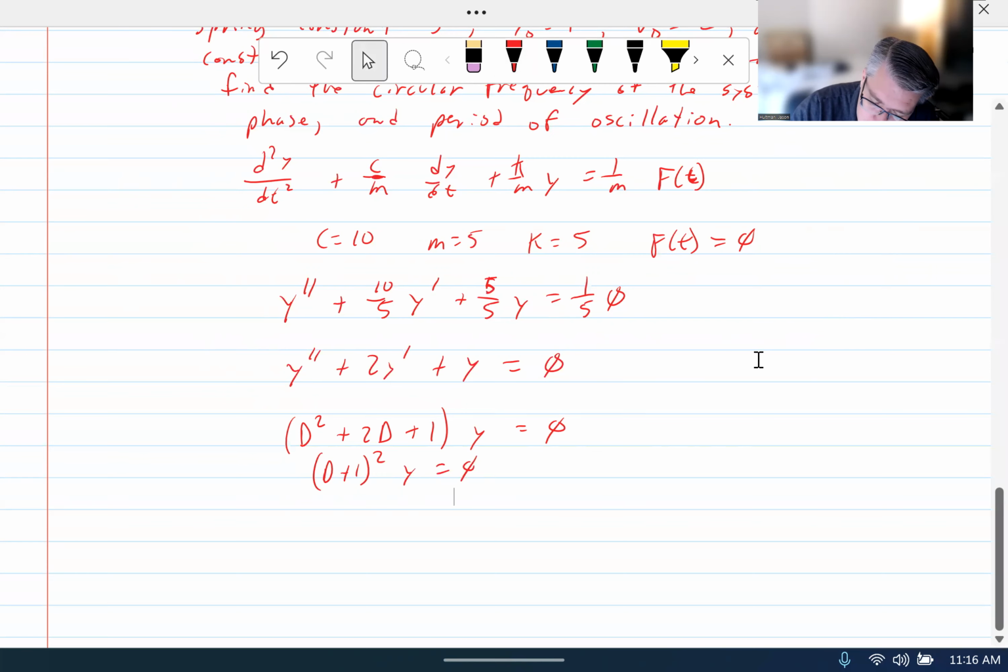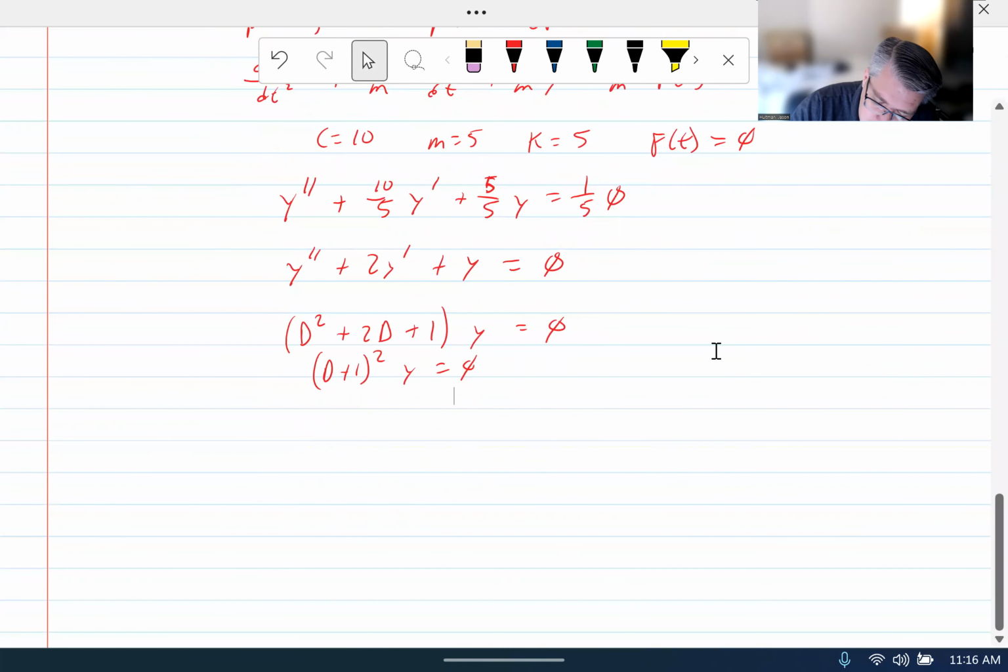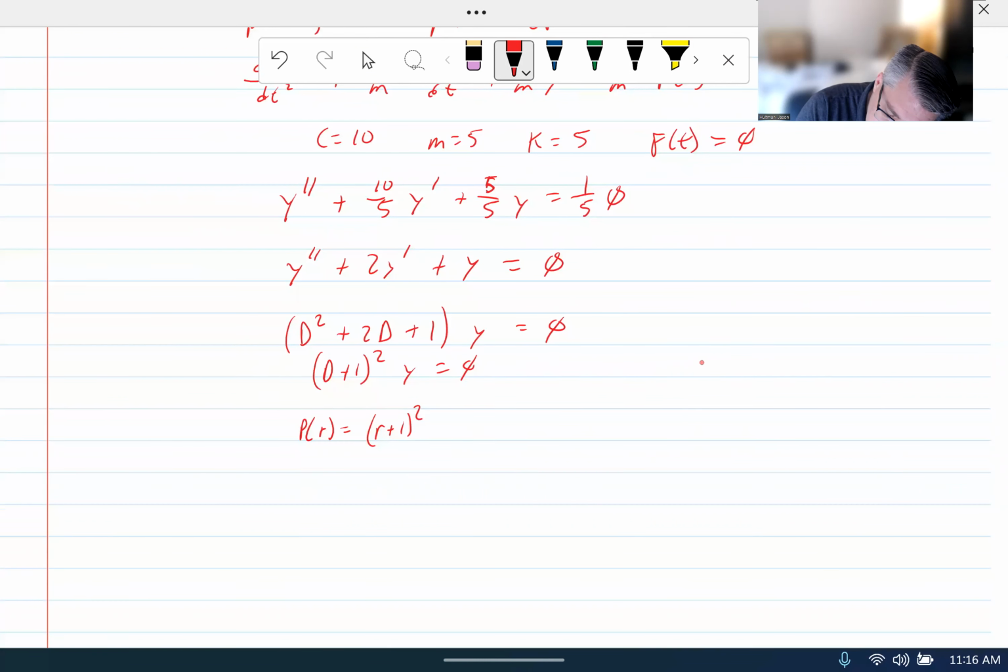I can use my auxiliary equation to say that p of r is equal to r plus 1 squared, which is equal to 0, and so r equals -1, with multiplicity 2.